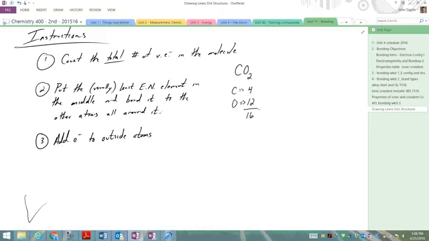So put carbon in the middle, bonded to each oxygen. How many electrons do we use up there? Four. And we use 4, so minus 4. So we've got 12 left over.